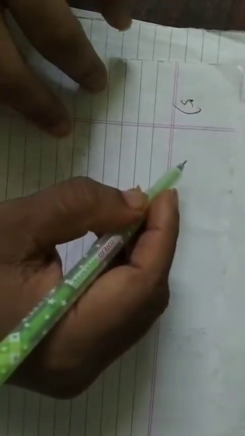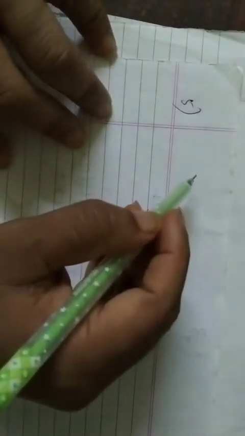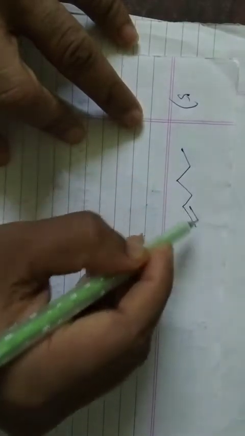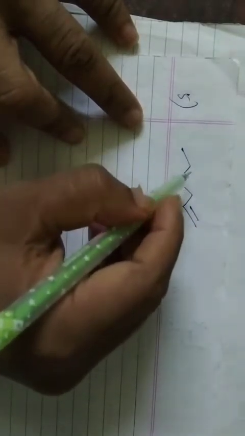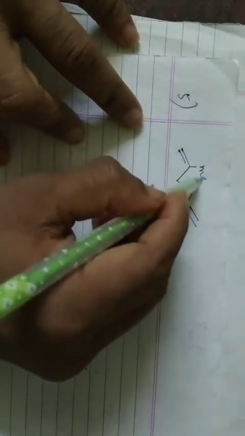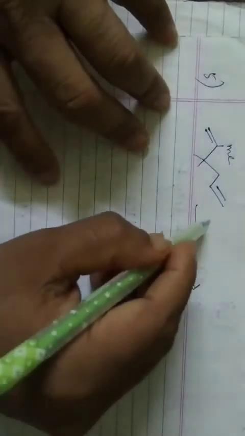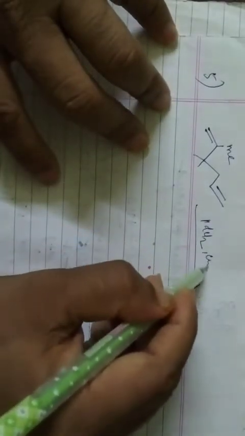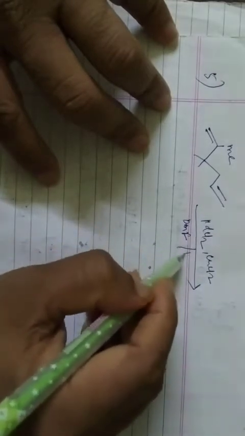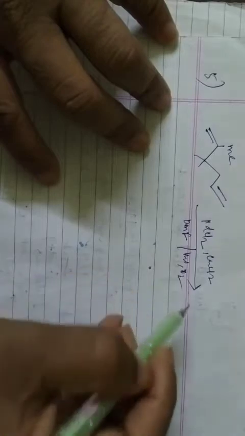Now, in another example you can show, take this methyl group, and if you treat this with palladium chloride, copper chloride in the presence of dimethylformamide, water, and oxygen.